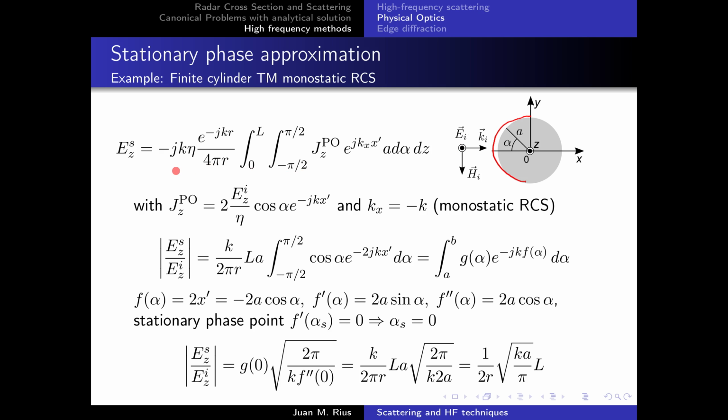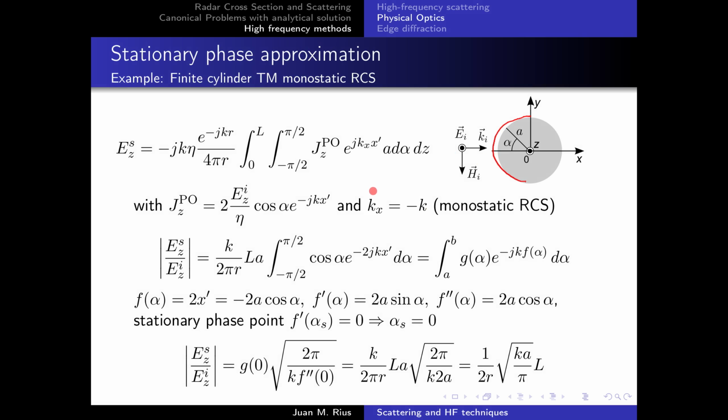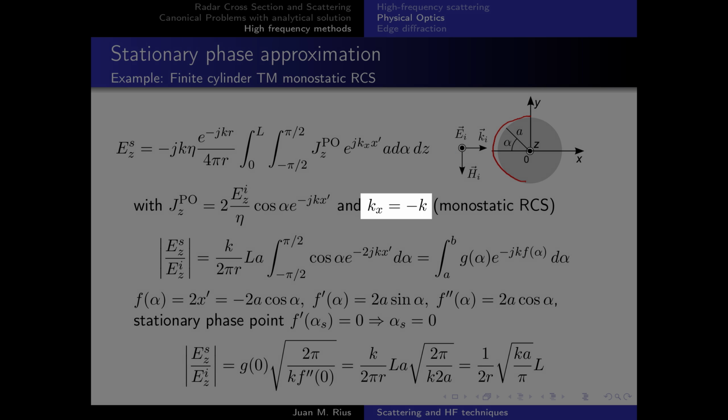So this is already the integral here. The projection of the current on the transverse plane is equal to 1, so there is no trigonometric function due to the projection, because the current already has a z component, and the radiation vector has a z component. In monostatic RCS, the observation direction is minus the incidence direction.